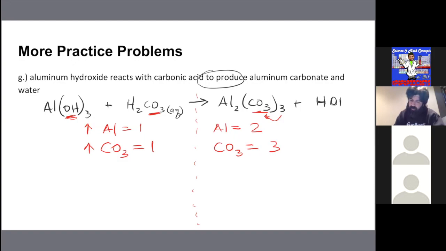HOH. So let's see if I can erase this without making a mess. There we go. So technically this OH that we have here, I've got 10 minutes left in this lesson, is technically this OH on this side.